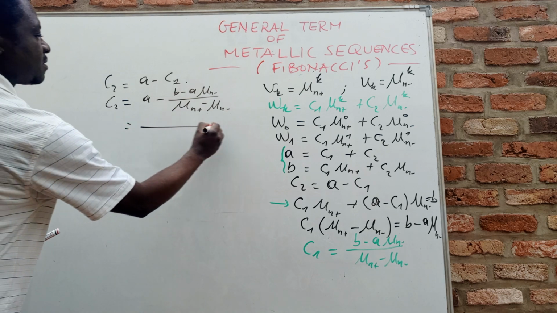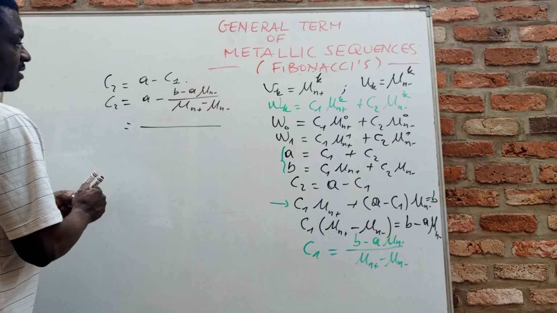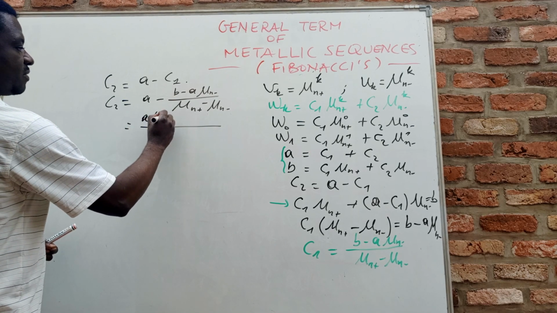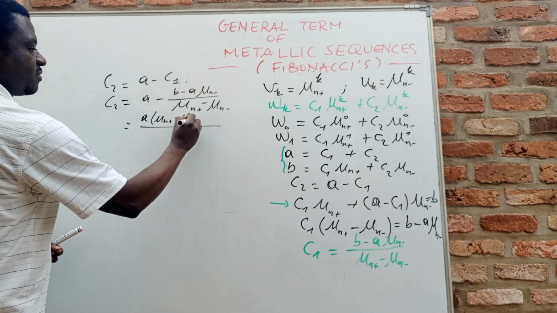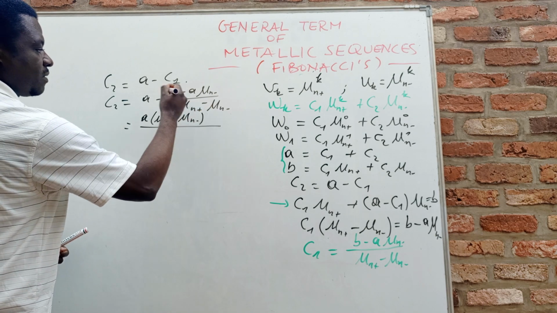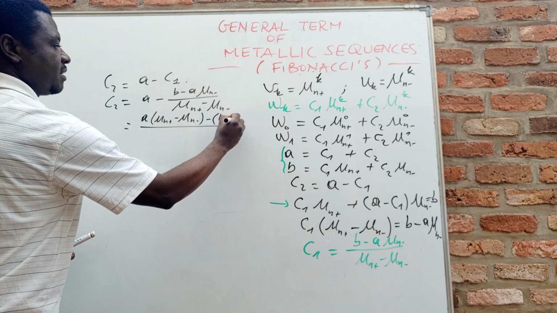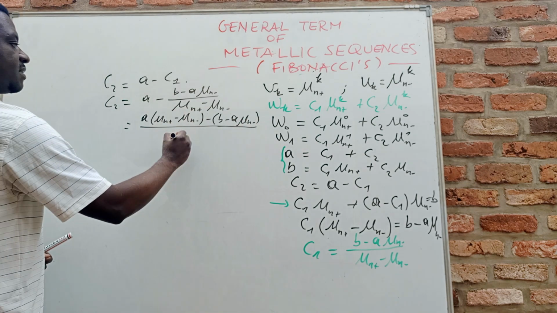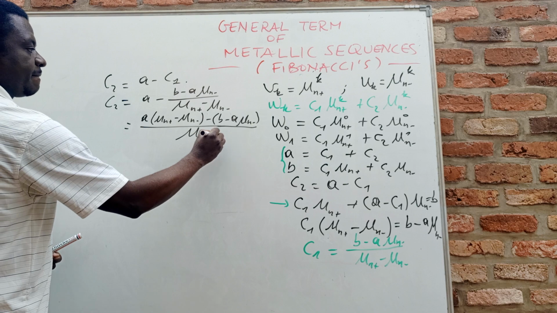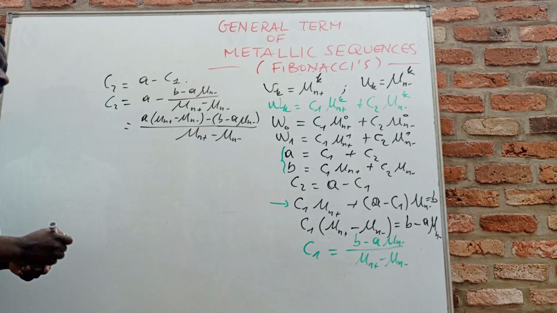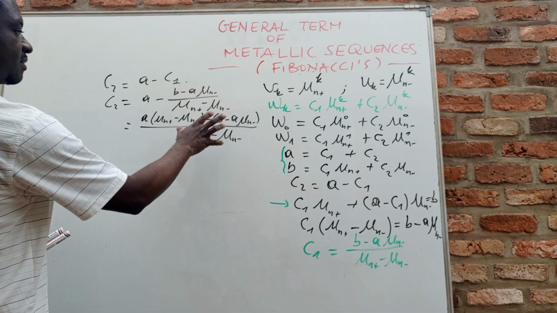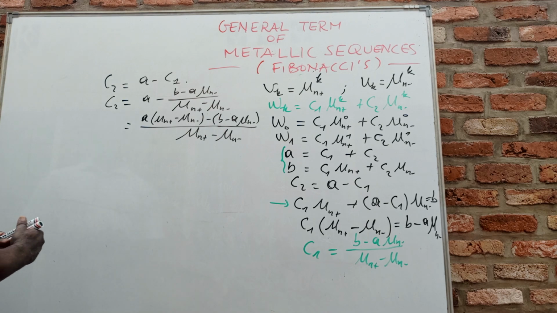So we can rearrange terms in order to get A mu_n plus minus A mu_n minus, minus B plus A mu_n minus, over the same denominator, mu_n plus minus mu_n minus. Now we can see that some cancellation may apply.